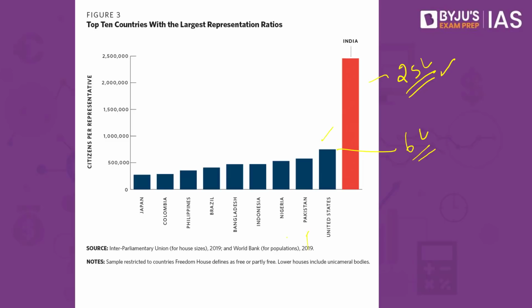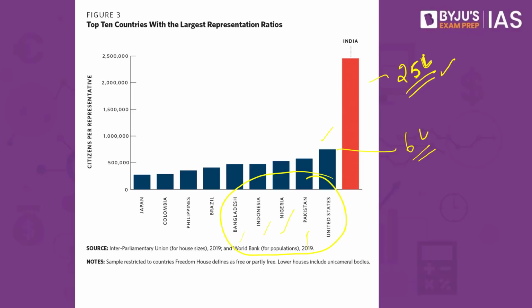Countries such as Pakistan, Nigeria, Indonesia, Bangladesh, these all highly populated nations are much below India. Again, as you can see, the number of people in India's Lok Sabha are much lower as compared to what they should be if you take the world average of these nations across the world. There is no nation which has even half of India's proportion in this number.